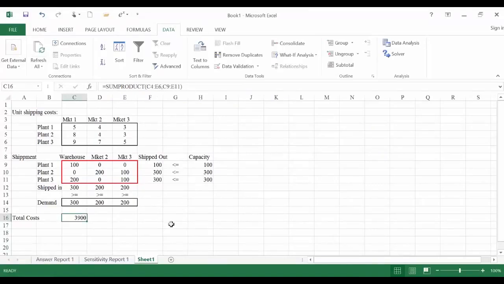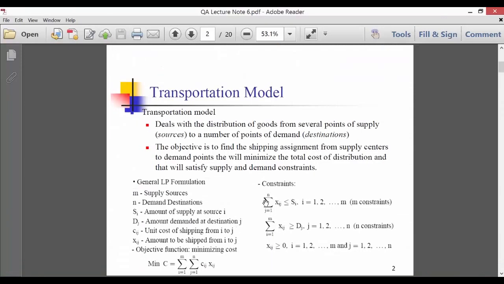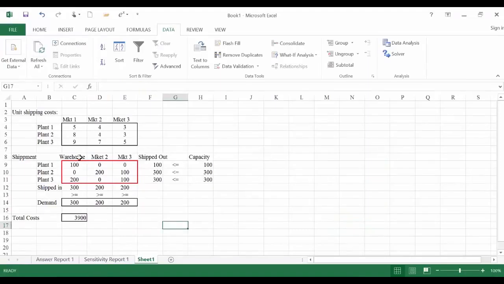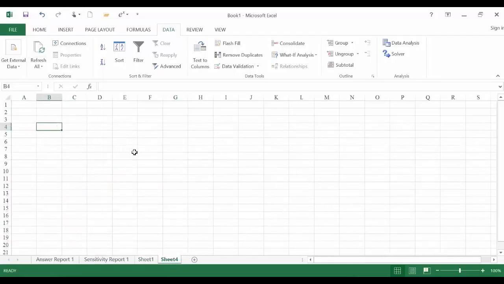That's also very straightforward. So let's come back to the example listed on the slides here. In our case, we have 2 plants and 2 warehouses. Then we have 3 destinations. So we simply set up our decision variables: warehouse 1, warehouse 2.